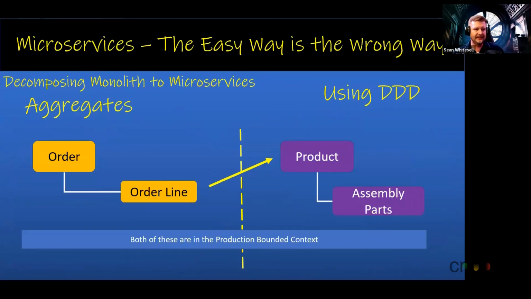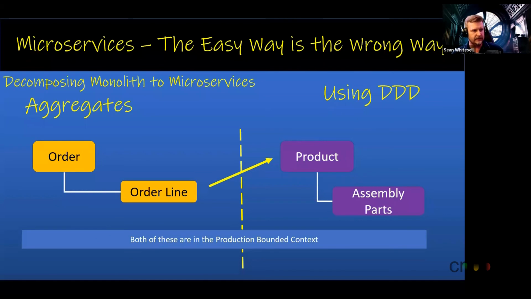Okay, so we're in the production bounded context. Now we're actually looking at code. This is class level stuff. I have a class for orders and a class for order lines, because an order contains more than one order line. And a product is made up of assembly parts. So I have a class for order and a class for product. And you notice that they are the top of what is related to them.